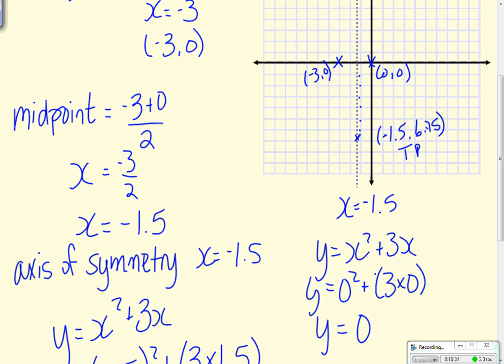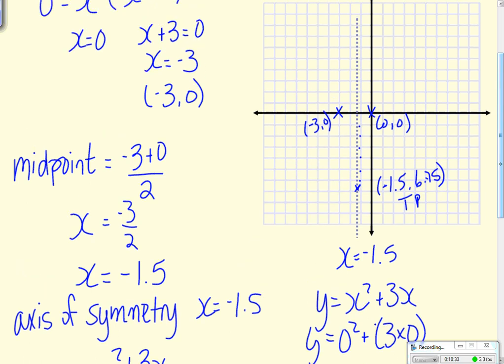That worked out really well. So what we can do now is draw them together. We have our turning point, we link it up with our y-intercept, and on the other side, and we give it little arrows to show that it continues. And that is our graph.